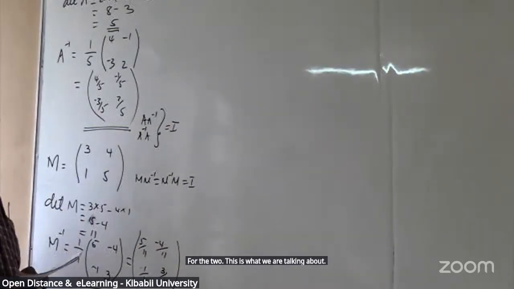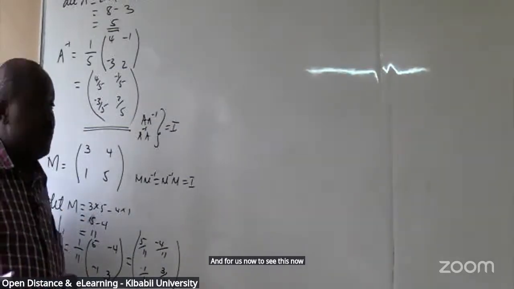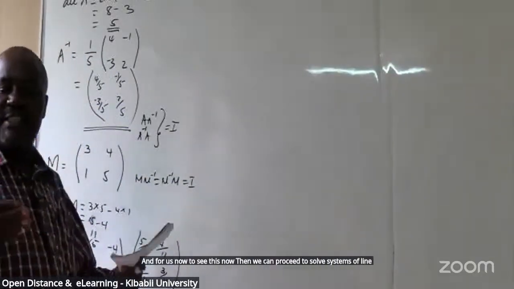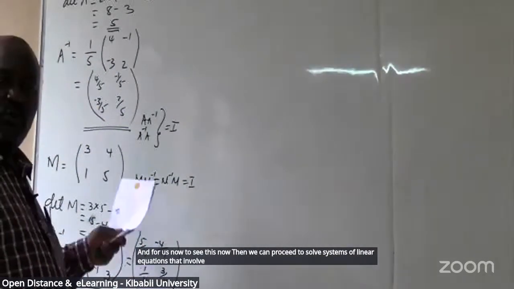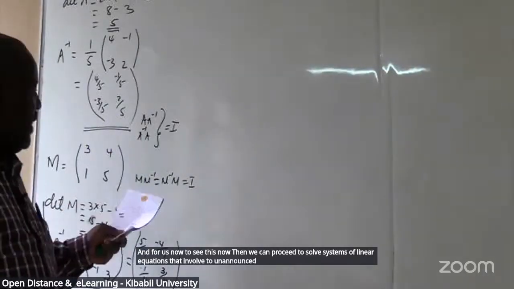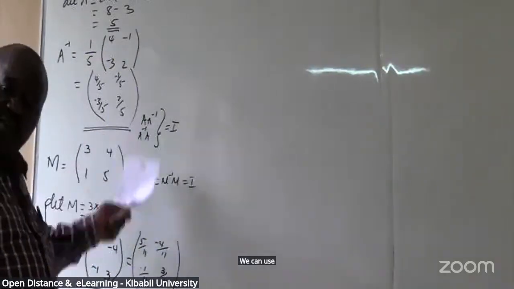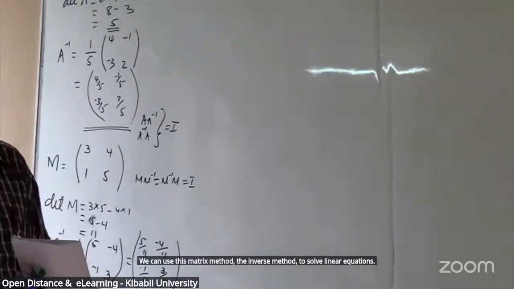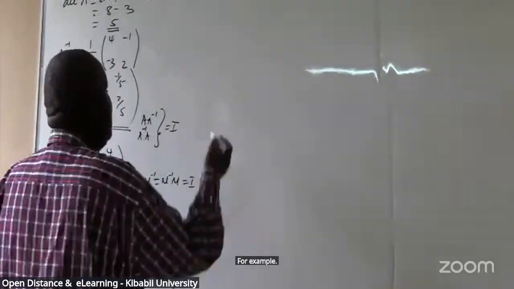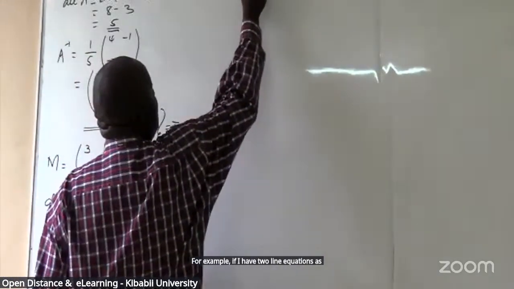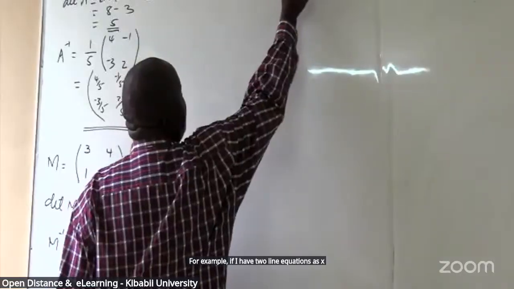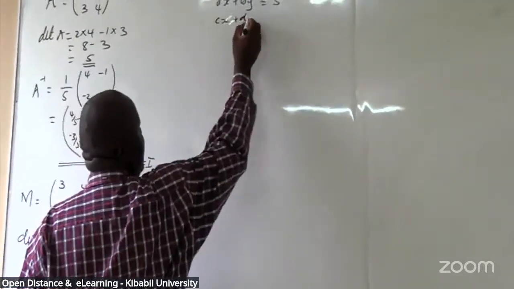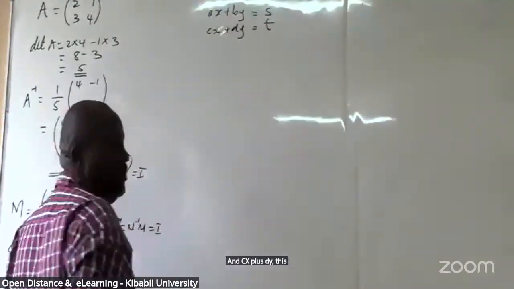For us now to see this, we can proceed to solve systems of linear equations that involve two unknowns. We can use this matrix method, the inverse method, to solve linear equations. For example, if I have two linear equations as ax plus by equals s, and cx plus dy equals t.